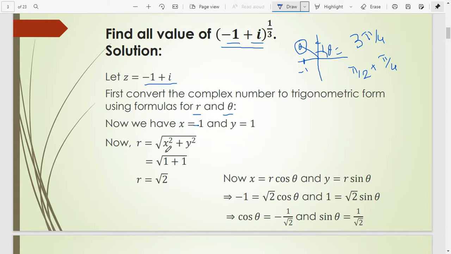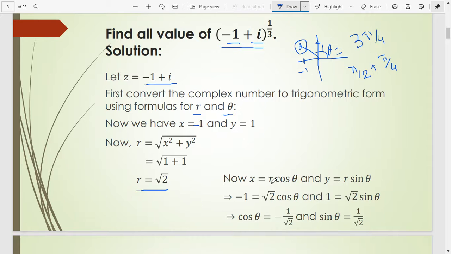So r is equal to under root x square plus y square. The value x is equal to minus 1, so minus 1 squared is 1, plus y is equal to 1, so 1 squared is 1. So under root 1 plus 1 is equal to under root 2. So we get r is equal to under root 2.